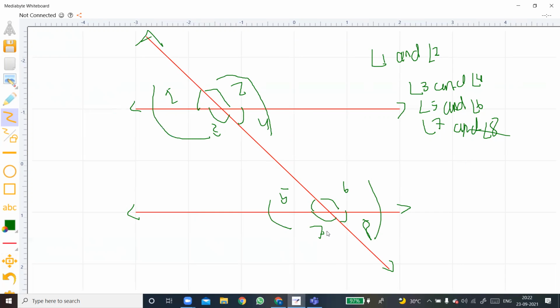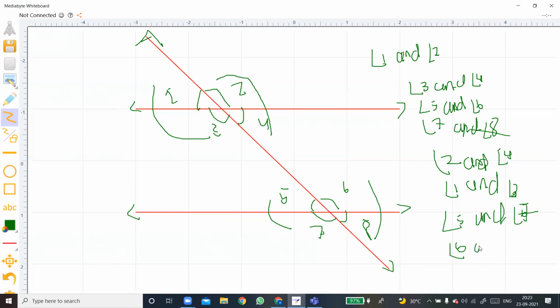So we have 4 more pairs. Angle 2 and angle 4 are a linear pair, and angle 1 and angle 3, angle 5 and angle 7, and angle 6 and angle 8.